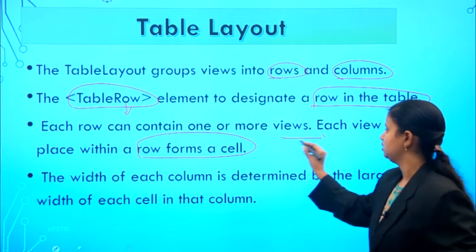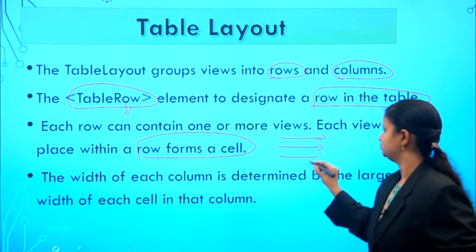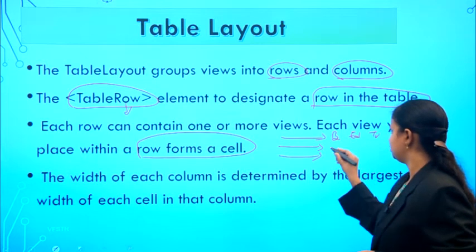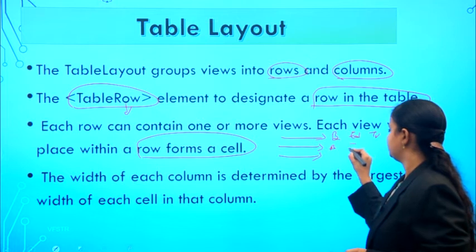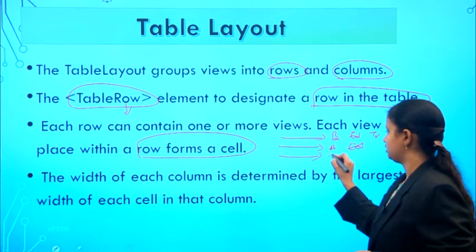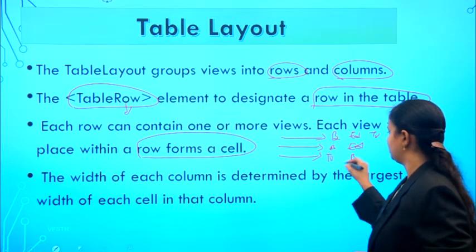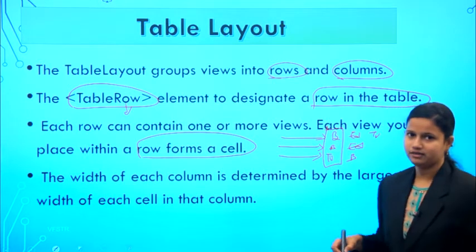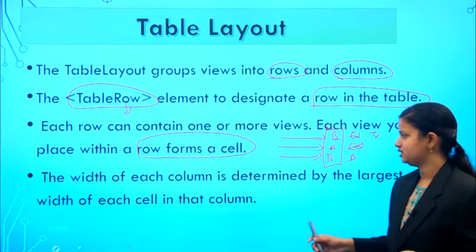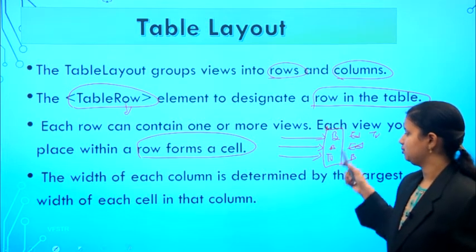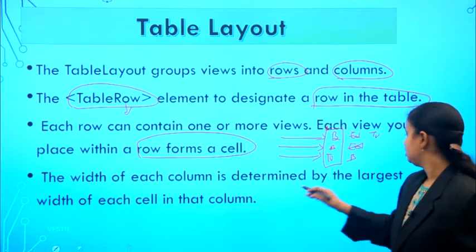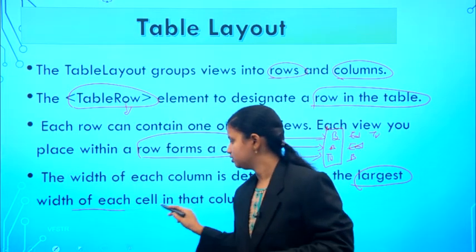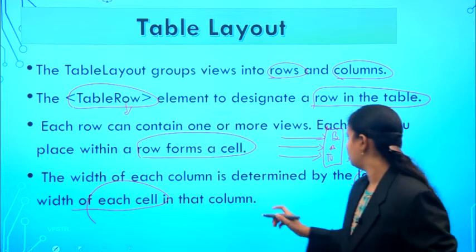And the width of the column. So you are arranging your row format as button, edit text and text view. Again you are taking button, edit text. Again you are giving text view and button. But what is the width of this column? How do we identify it? The width of the column is decided by using the largest width of each cell in that column.